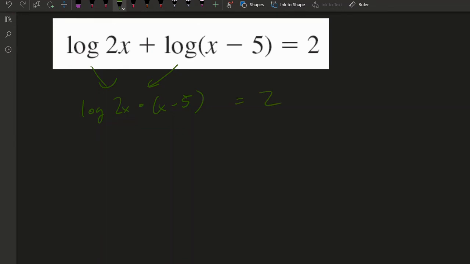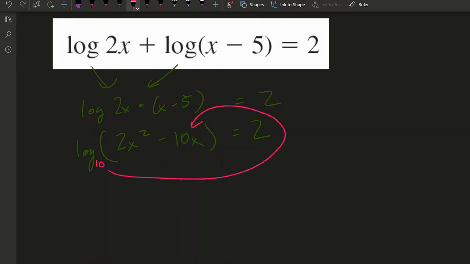I'll go ahead and use the distributive property here to get 2x squared minus 10x equals 2. Now I want to remind myself here that this has a base of 10, so I'm just going to rewrite this as an exponential equation. It'll be 10 to the second power equals 2x squared minus 10x.